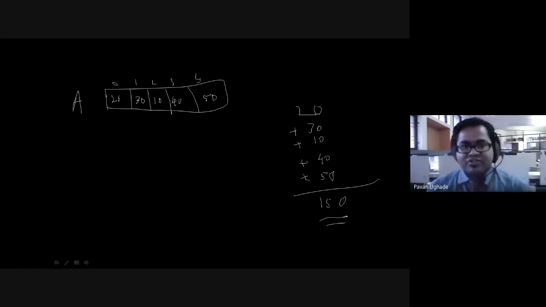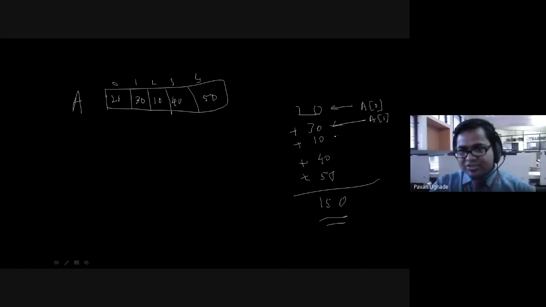So in the same fashion, whether your program is able to perform all these operations or not, if yes, how, that is what we are going to see. This is very simple. What we have done: this is your element A of 0. You have added A of 0 with A of 1.